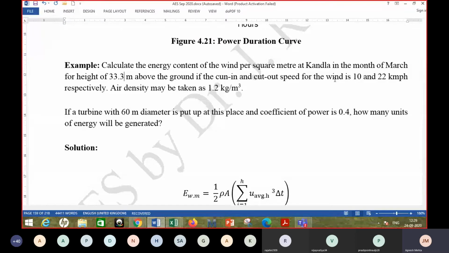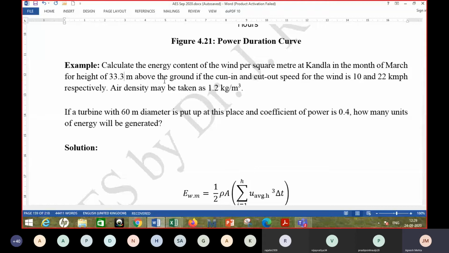So whatever range is there, you take the average of the minimum and the maximum of that. Consider that as the wind velocity, and whatever numbers are given is the frequency of occurrence of that velocity for that month.